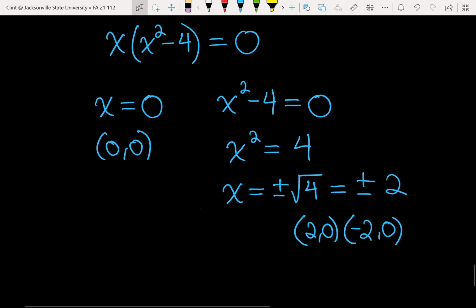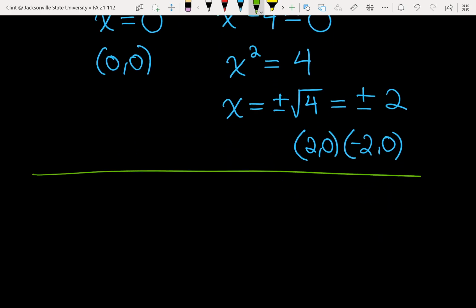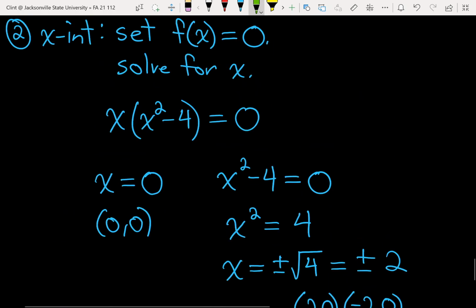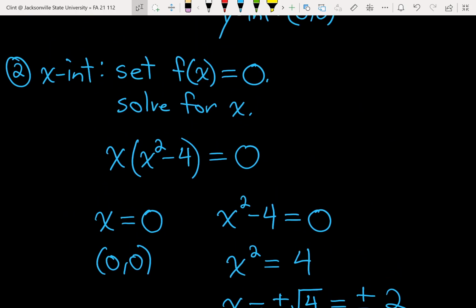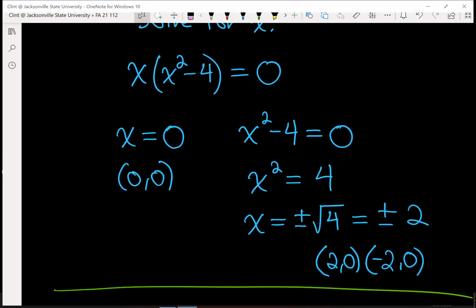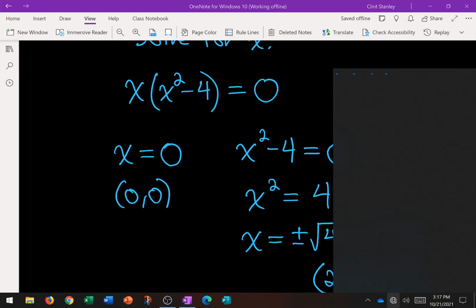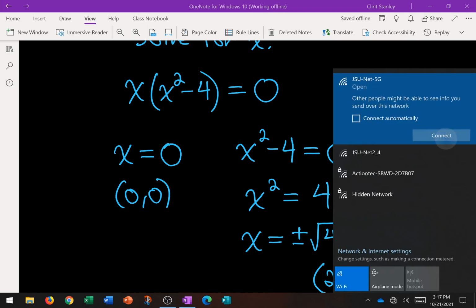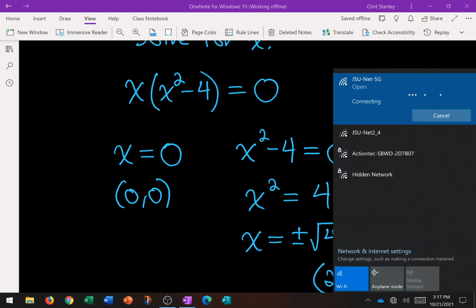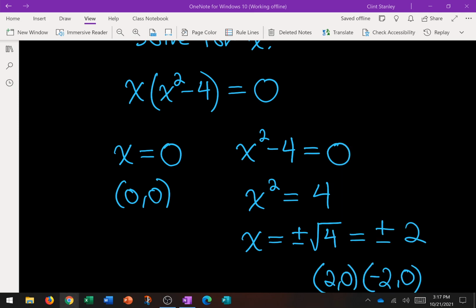All right, so let's think about another graph. Actually, since we're here on the computer, why don't we look at what the real graph looks like? So we got x times x squared minus 4. If I can get on the Wi-Fi here, we'll check it. Wi-Fi's been a little flaky today, but we'll see. Okay, let's do our graph: x times x squared minus 4.